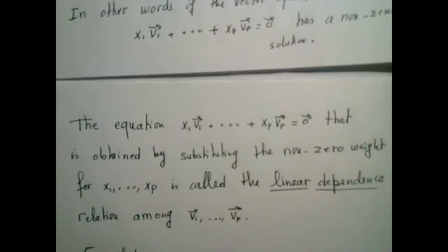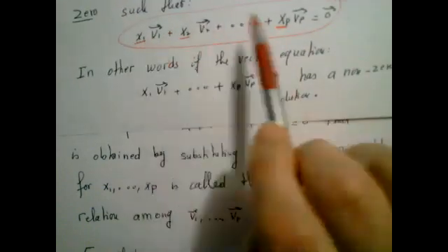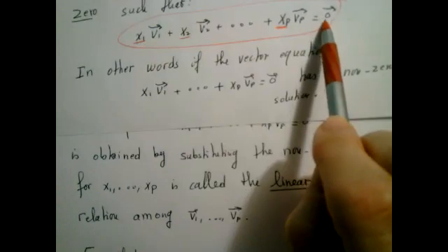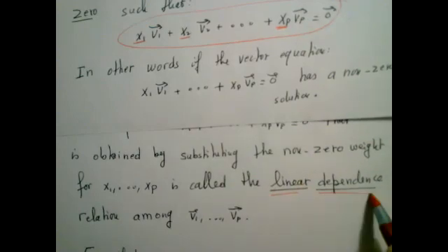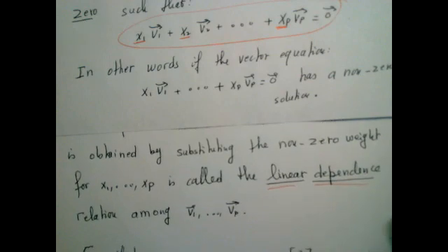It means if I can find non-zero scalars that make this combination 0, and I plug them back into this equation, what we get is called the linear dependence relation among the vectors. And now let us start understanding those definitions.